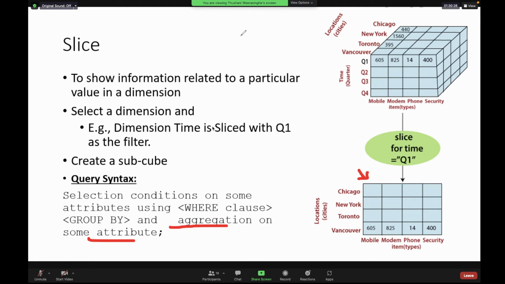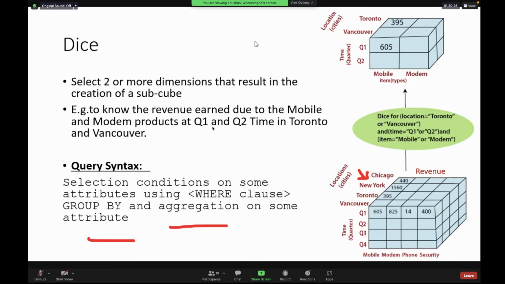All right, and then you will have the dice. There you have the group by clause, where again you will be preparing a subcube. Dice is also the same as slice, but here you have two or more dimensions to create the subcube. In this case, the select condition needs to be prepared using the where clause, again the group by, and aggregation on some attributes.